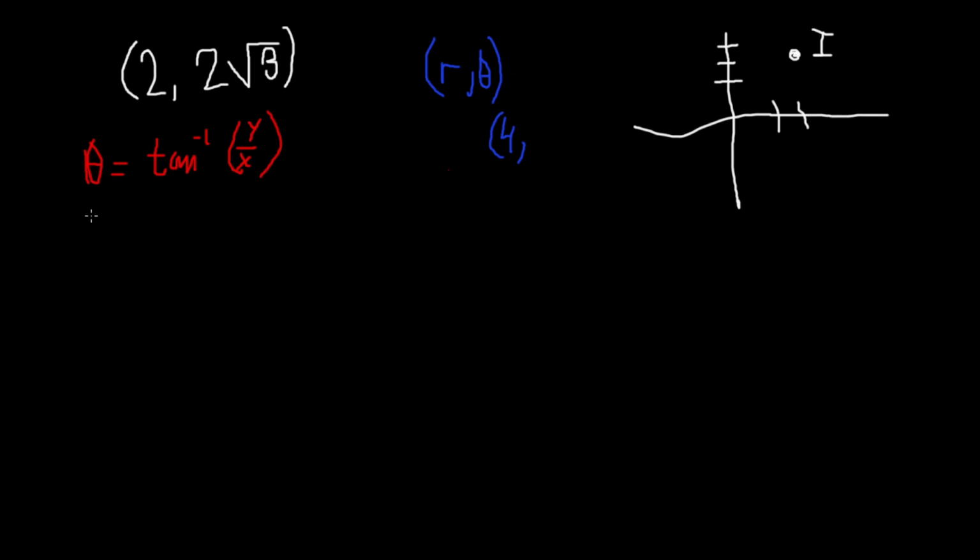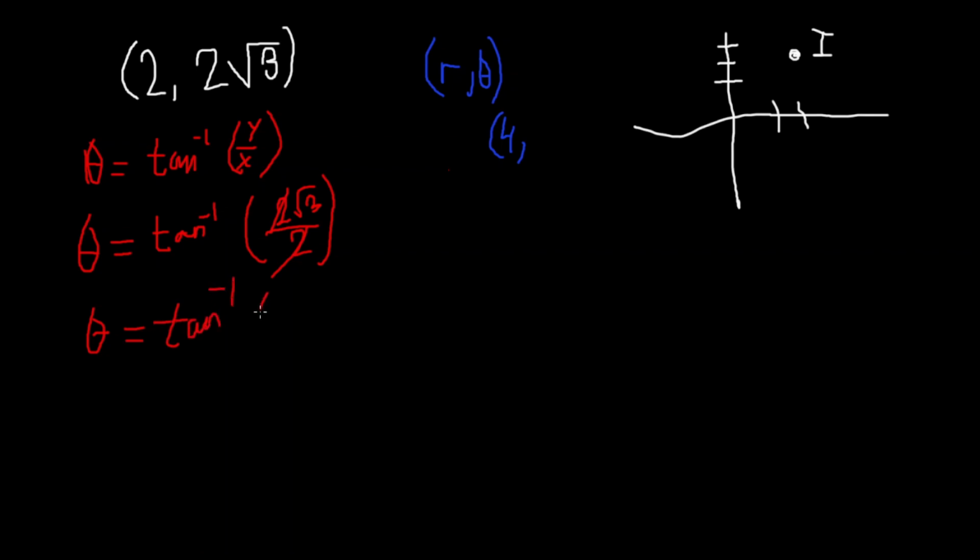So now we can plug the points in, plug in the x and y value. We can simplify the two. The theta equals arctan of square root of 3.